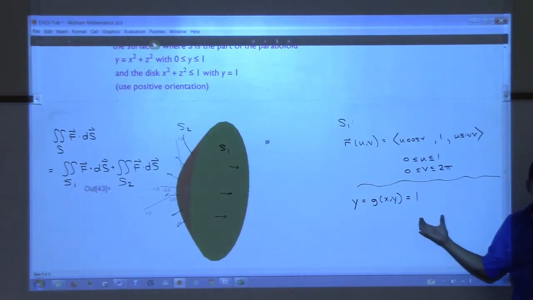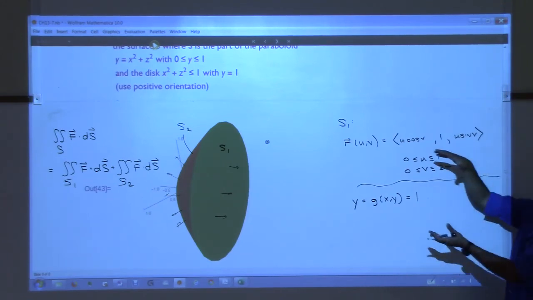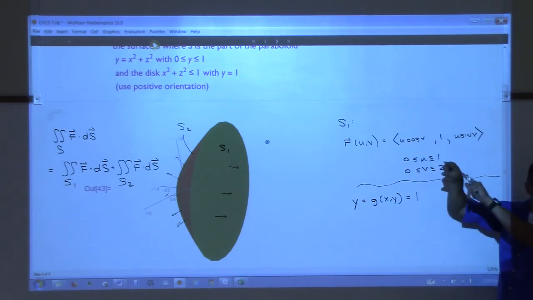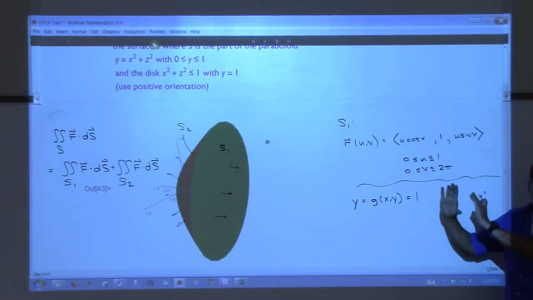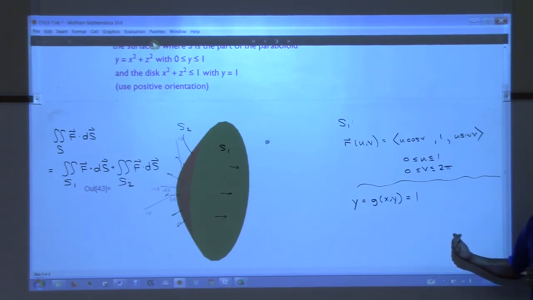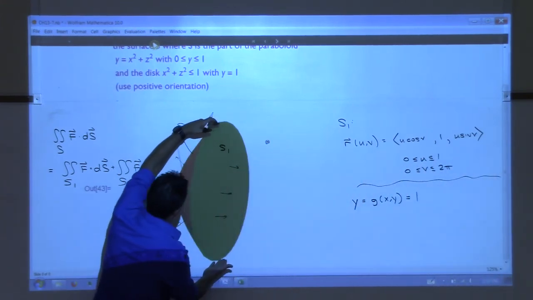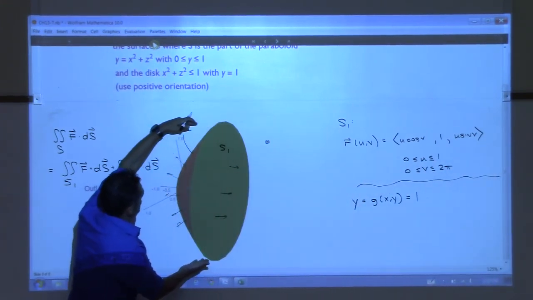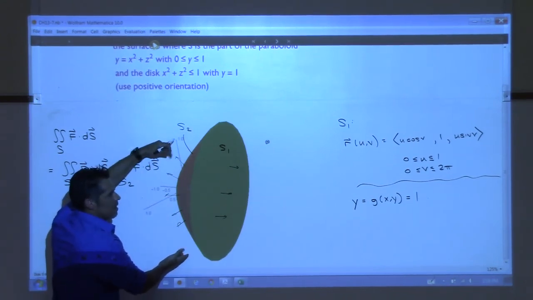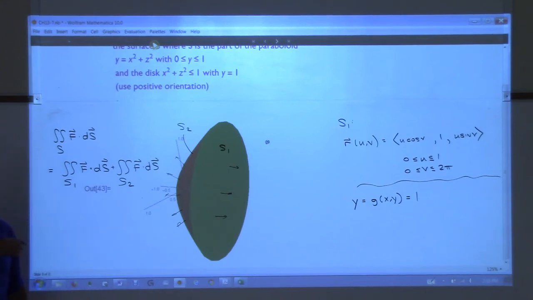The domain, however, is the projection of that disk over to the xz plane, which is a circle, or a disk on the xz plane, which means we would have to do what? If you're going to do a double integral, and the domain is a circle over here, then that shadow on that plane is a polar region, right?